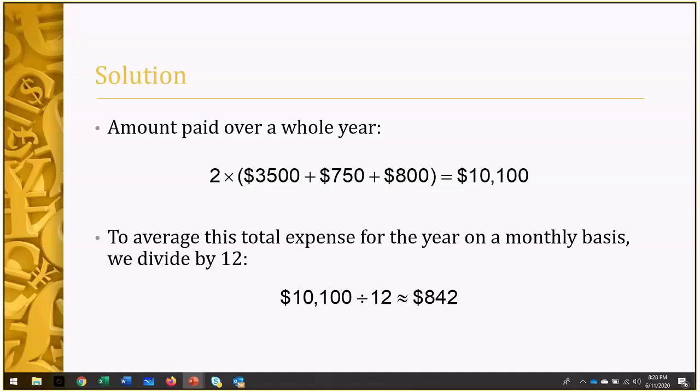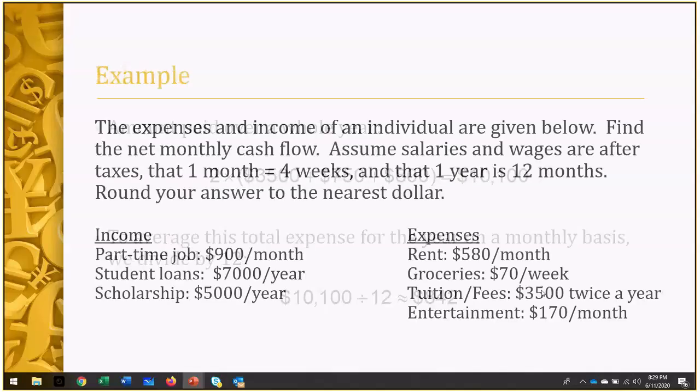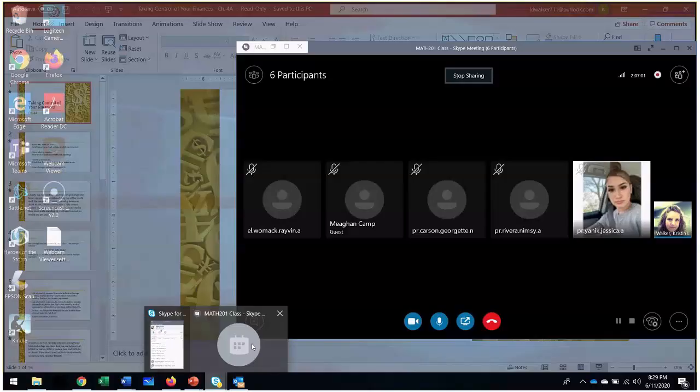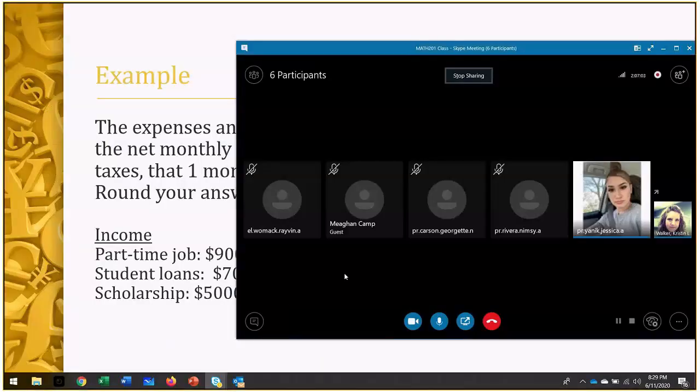So maybe you pay something in June, and then you pay it again in December. That's usually how it works. So you could just divide it by 6 because you're paying it every 6 months. Also, multiplying by 2 and then dividing by 12 is basically like just dividing by 6. Okay. Any questions so far before I keep going? No. Great.